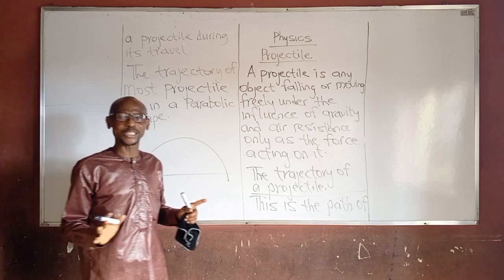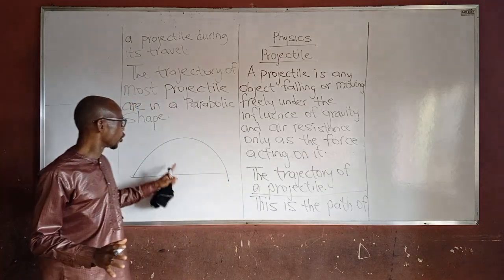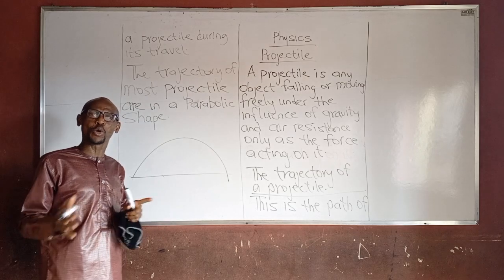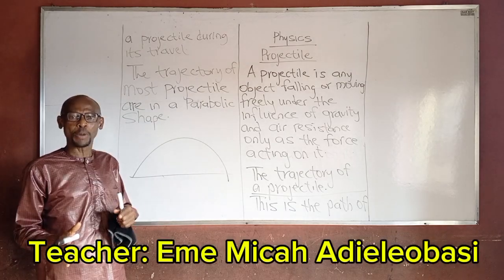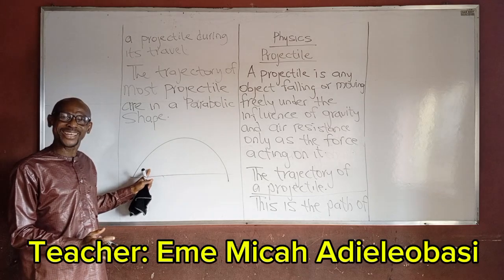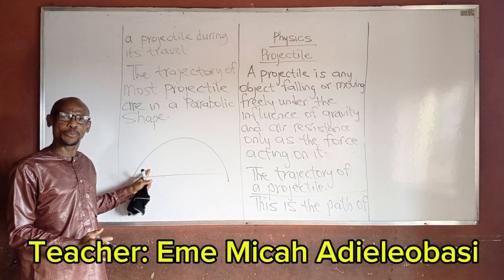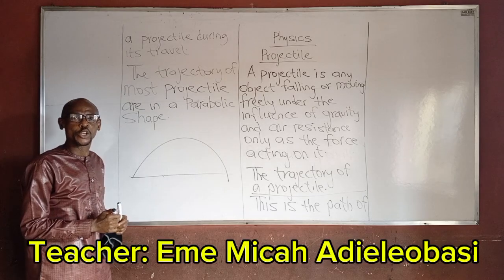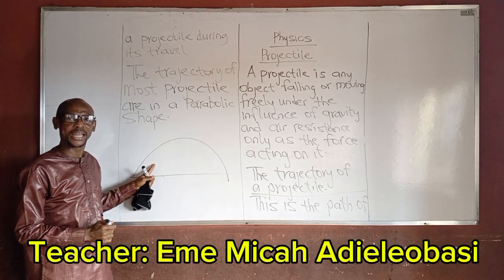We are going to look at some terms that we use in the study of projectile. Probably I would like to use first a parabolic trajectory of a projectile to define some of the terms used in projectile.